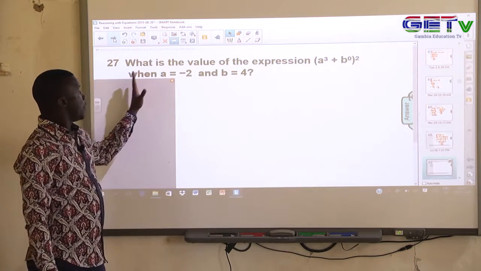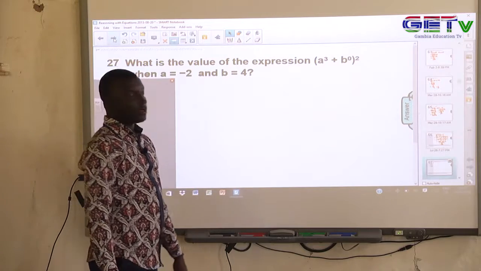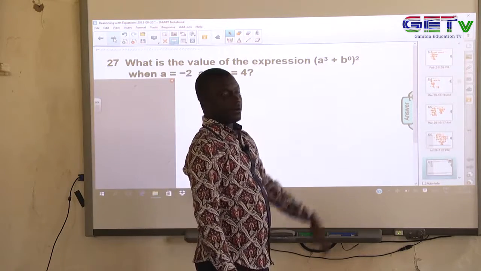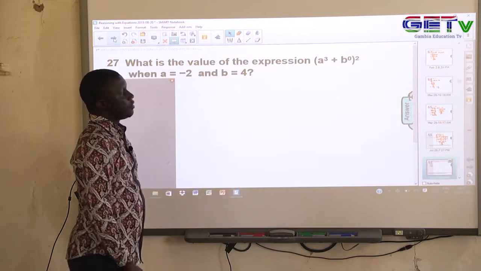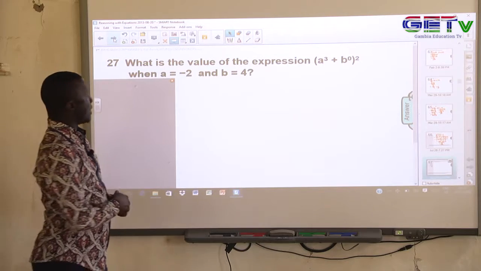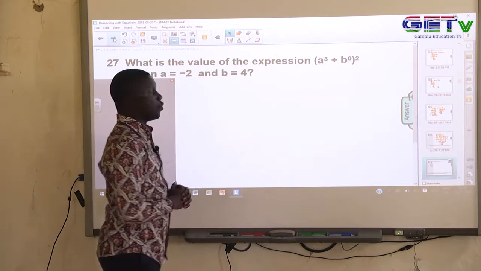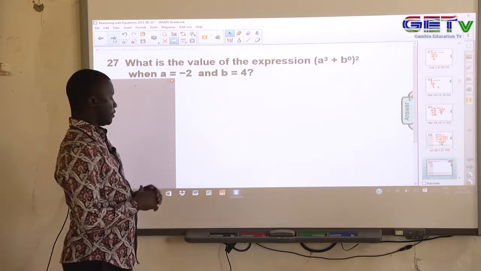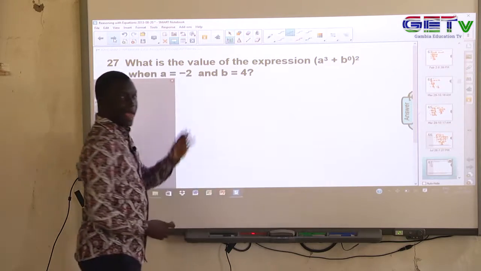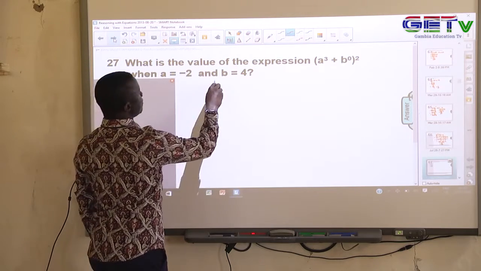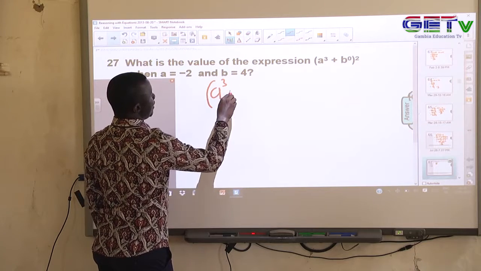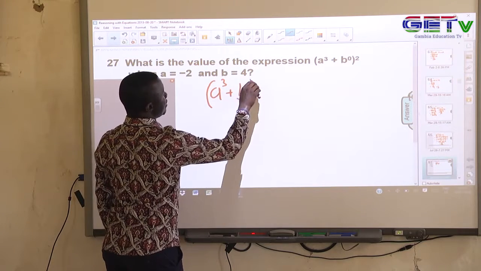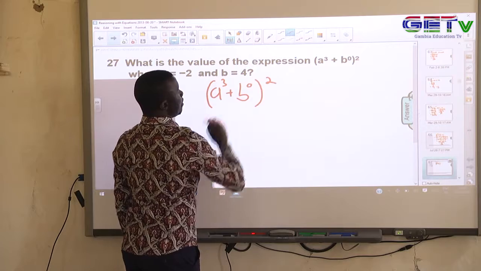Our next expression here we have: what is the value of the expression a to the power 3 plus b to the power 0, all squared, when a equals negative 2 and b equals 4. Let us start by rewriting our expression: a to the power 3 plus b to the power 0, all squared.